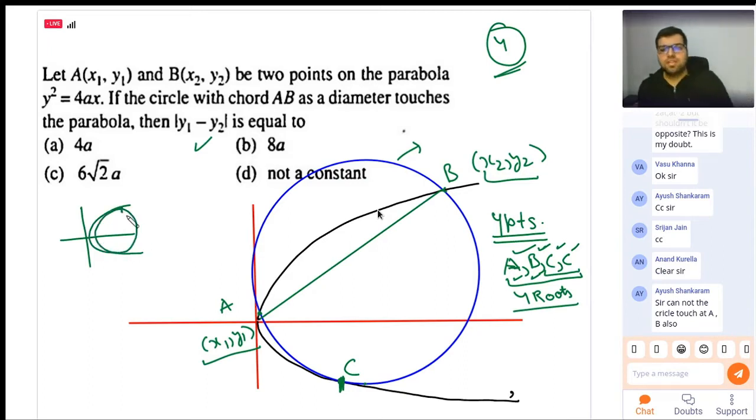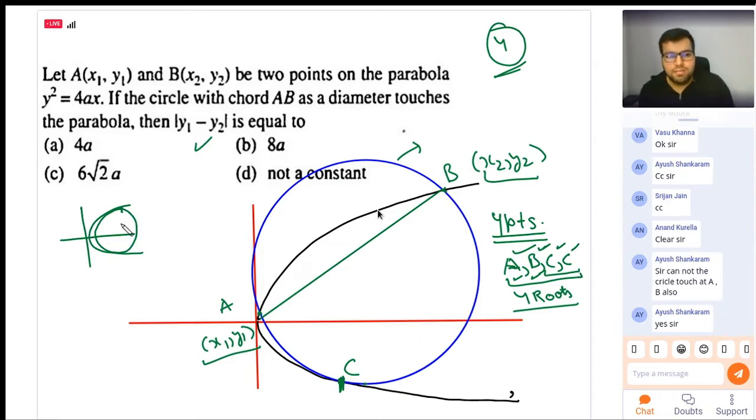That case will not satisfy when you have a diameter. If you try to draw a circle such that it touches the parabola at A and B, and they are diametrical ends also, this case will not be possible. You will not be able to draw the figure, because then AB will not be a diameter, it will be some chord. So the correct figure will be this only.